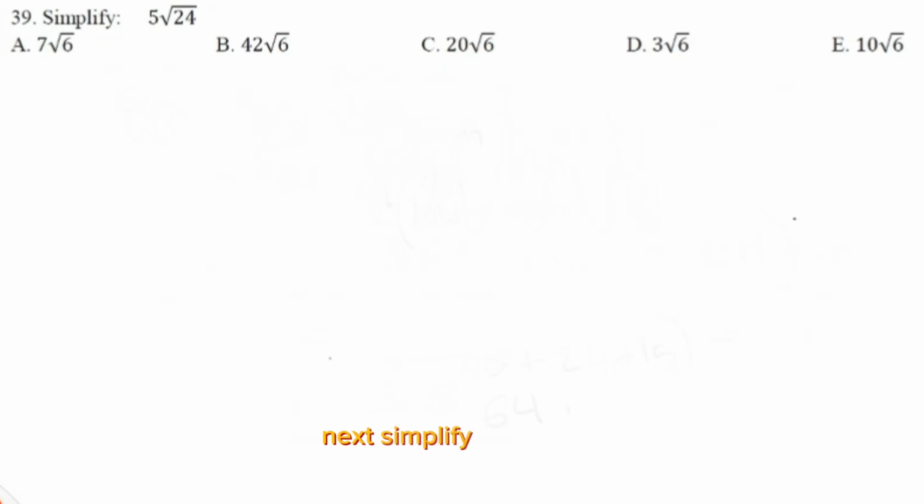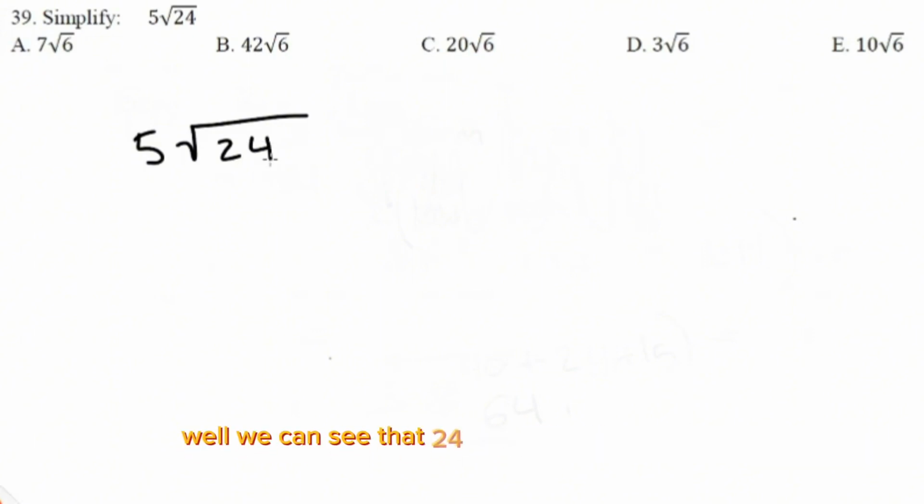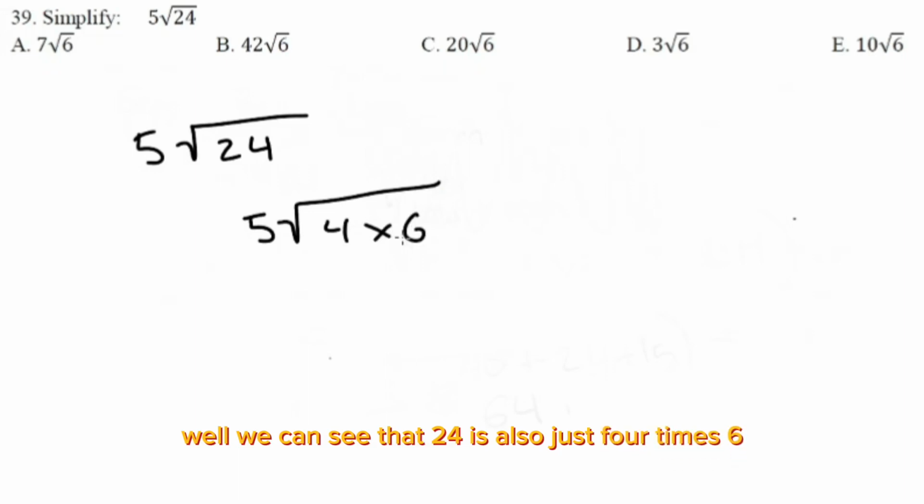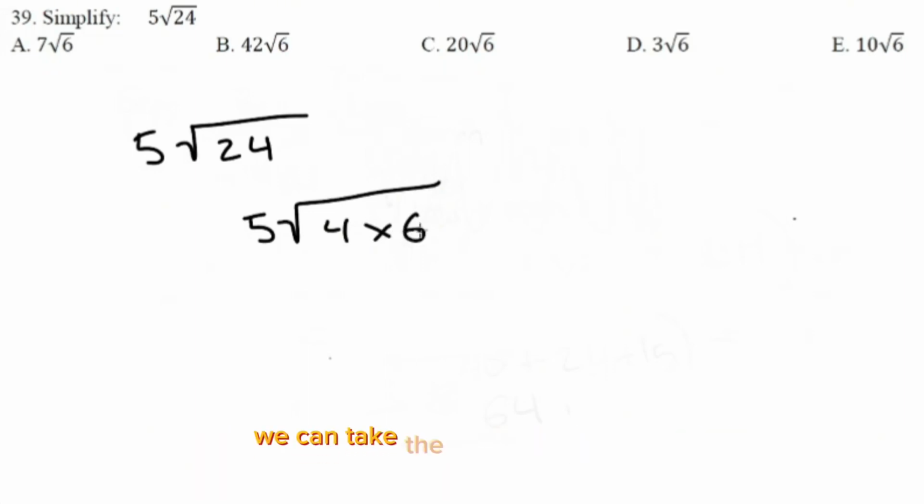Next, simplify 5 root 24. Alright, so we have 5 and the root of 24. So how do we simplify this? Well, we can see that 24 is also just 4 times 6. So we know that 24, we can't take the square root of that because that's not a perfect square. However, if we look at 4, right? Since 4 times 6 is 24, we can break it down into those two numbers.